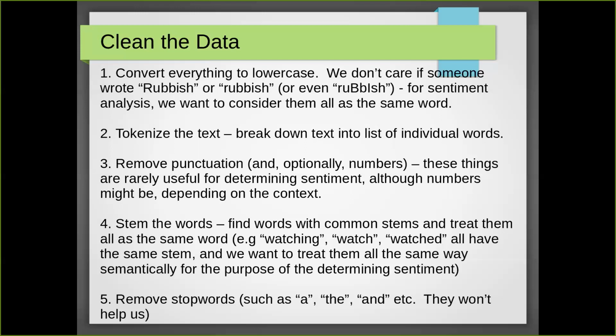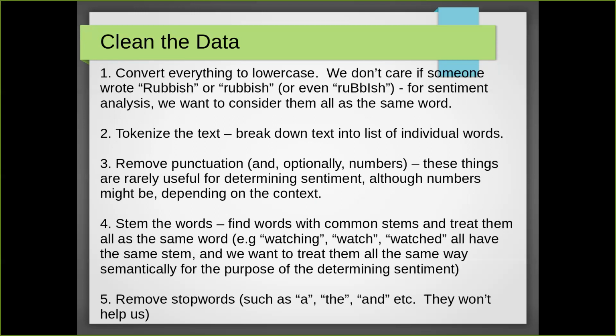We also want to remove punctuation, because punctuation is rarely useful to determine sentiment. An exclamation mark possibly might help, although an exclamation mark on its own is not that useful, because it could be used to exclaim something positive or negative. So it's not really the punctuation that's helping us.